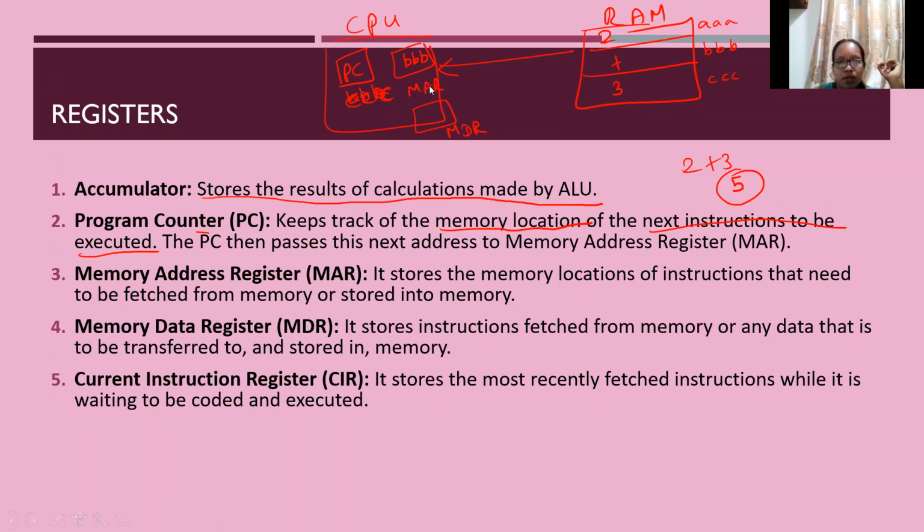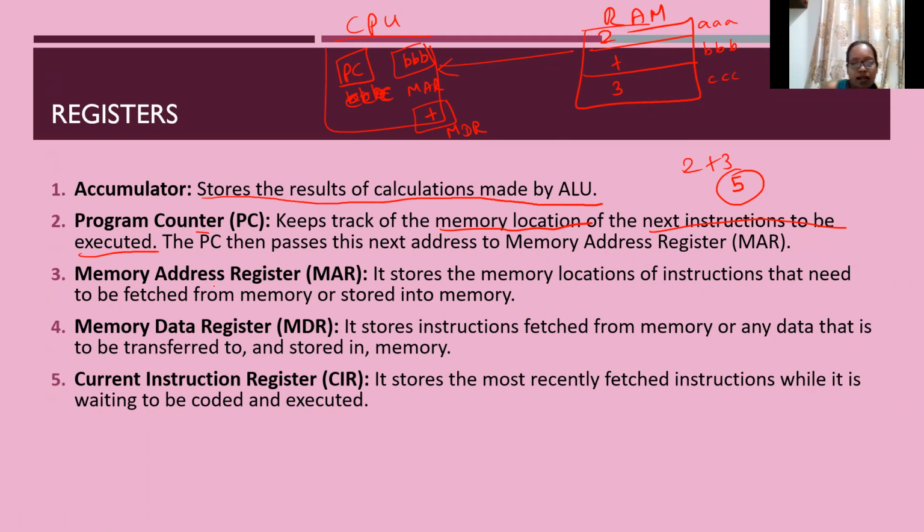That means now the currently executing instruction resides in BBB. Now, what is that relevant data? That is plus. That plus data is stored inside this MDR register. So PC and MAR are holding memory addresses, and MDR is holding the direct data.